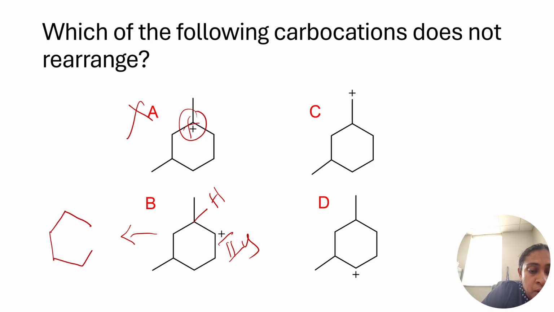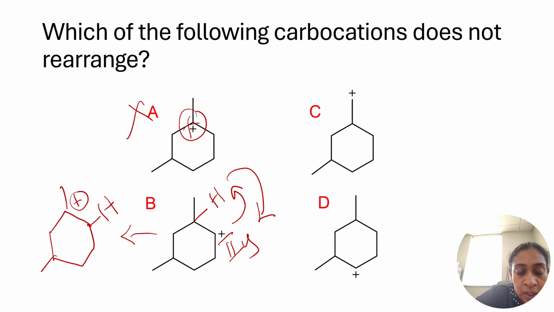So, I'm trying to draw the structure in here. The rest of the molecule won't change. I'm only exchanging the positive charge with the hydrogen atom on the neighboring carbon. If I do that, my positive charge will move onto this carbon and the hydrogen will move in here.